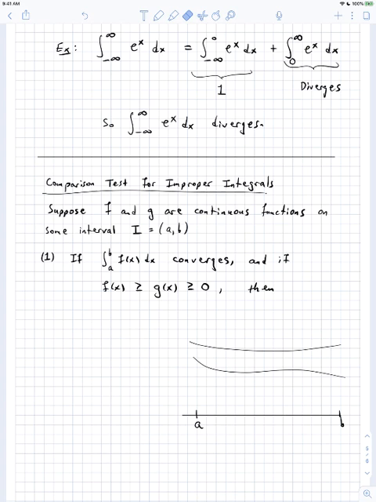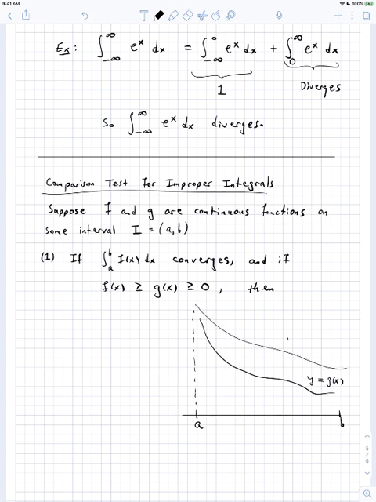Let's actually just assume that there is an infinite discontinuity at a. Now, what we know is that these are both positive, and we know that f is bigger than g. So we have an infinite discontinuity at a. So let's say that this is y equals g of x. Now, what we know about f is that it's bigger, so it's going to look something like that.